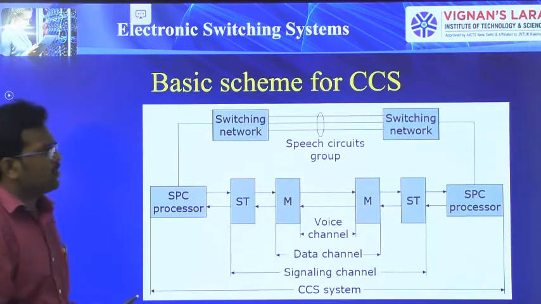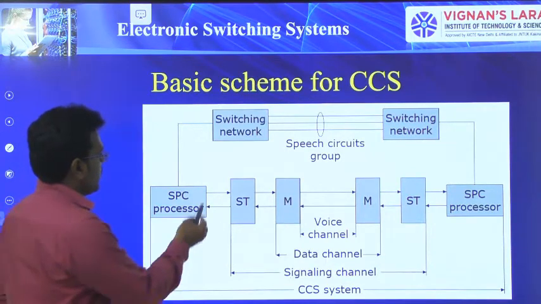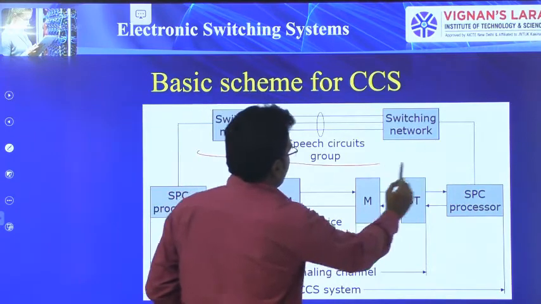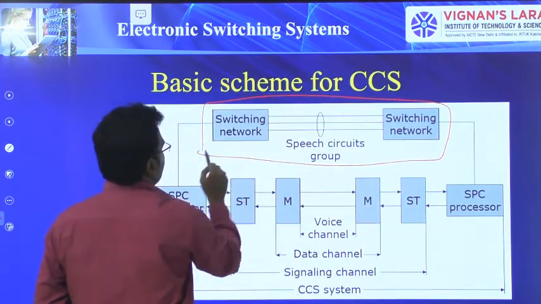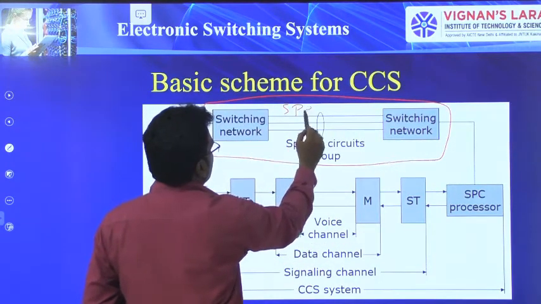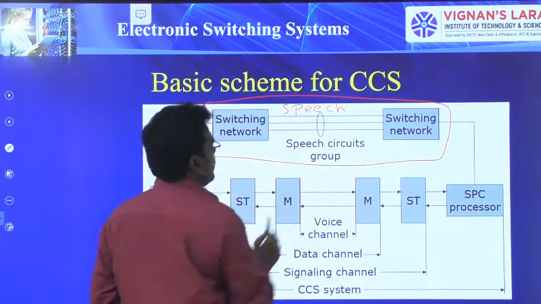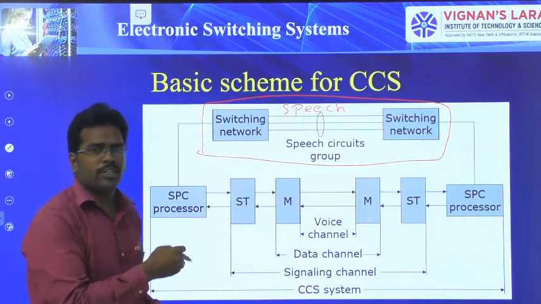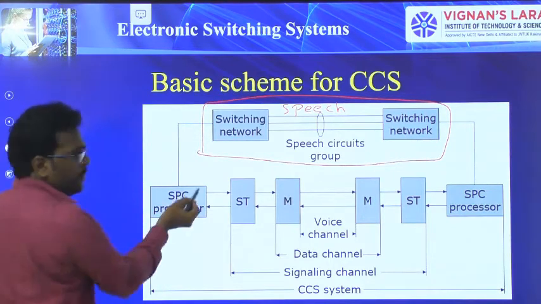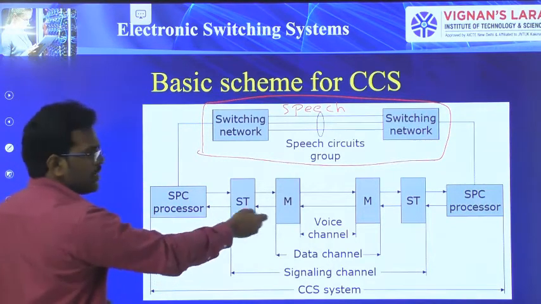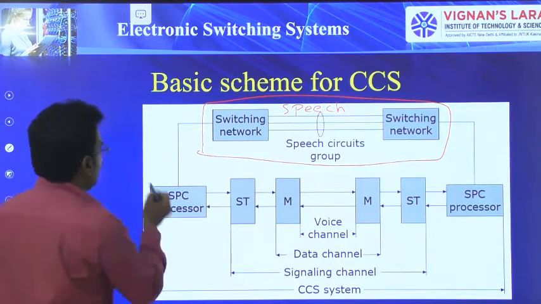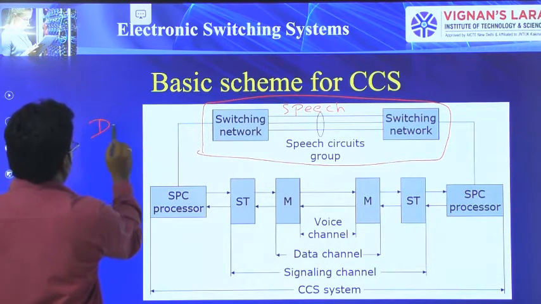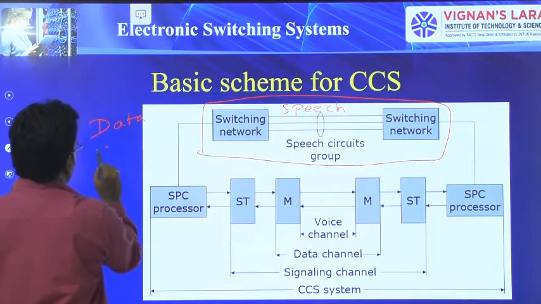And this is the basic structure of common channel signaling. Here we are using a separate channel for speech. So this is for speech. And since you can transmit, two things are possible with this channel for signaling: you can transmit both data as well as signaling information.